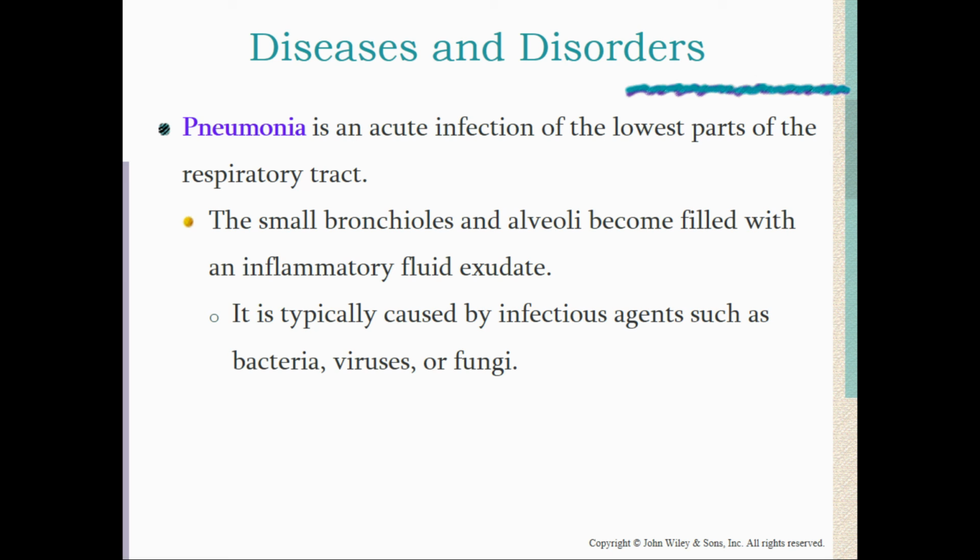And of course, if that fluid builds up in the alveoli, that reduces that individual alveolus's ability to absorb oxygen. It is typically caused by infectious agents such as bacteria, viruses, or fungi.